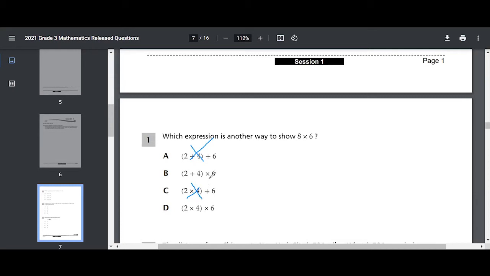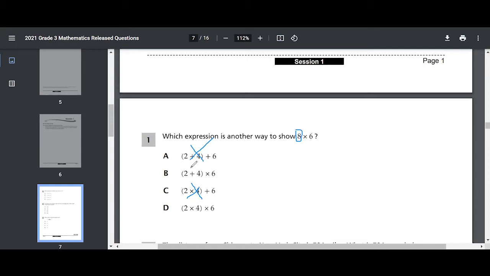Now we're going to look at choice B and choice D. Choice B and D have times 6, so that's okay. Now we need to look at what two factors will give us the 8.